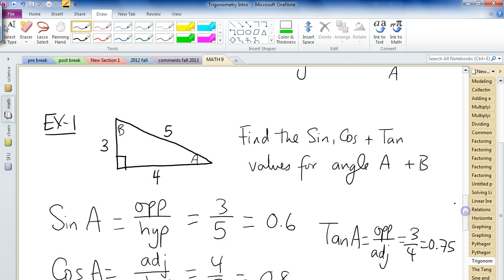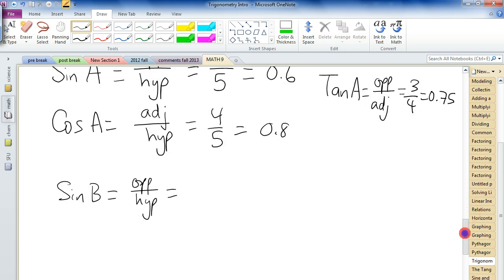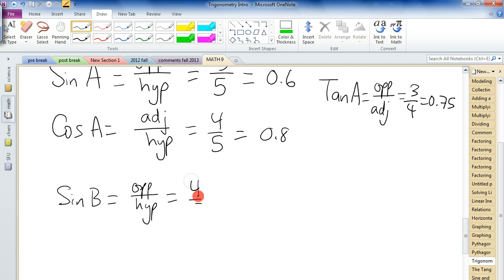But for angle B, what's the opposite? The opposite of angle B is 4. And the hypotenuse is always 5 in this case. So 4 over 5 is going to give you our sine, which is 0.8.